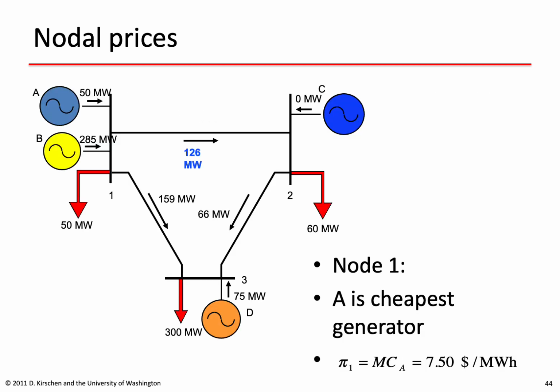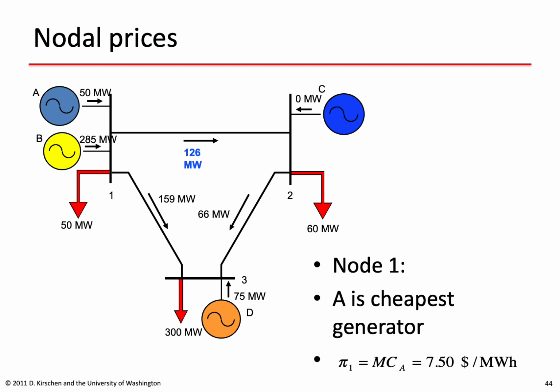Let's consider each node in turn, and let's start with node number 1. Now, to calculate the nodal price, I need to add 1 megawatt of load at node number 1. But if I add 1 megawatt of load at node number 1, this megawatt would be produced by generator A, because generator A is the cheapest generator in this case, the marginal generator, and because the extra megawatt of load is located at bus 1, it would not get into the network, so it would not cause any problems in the network.